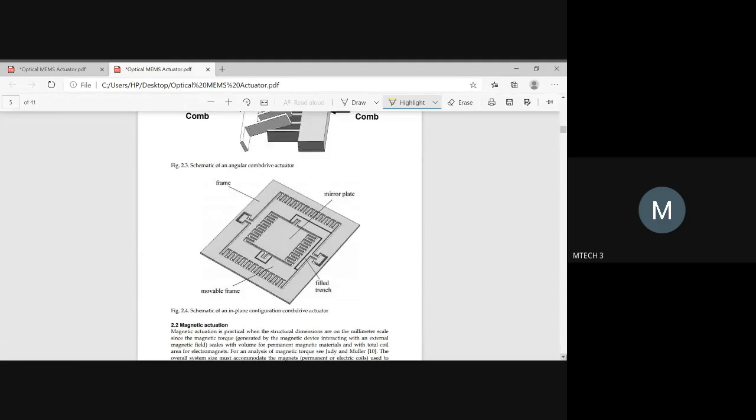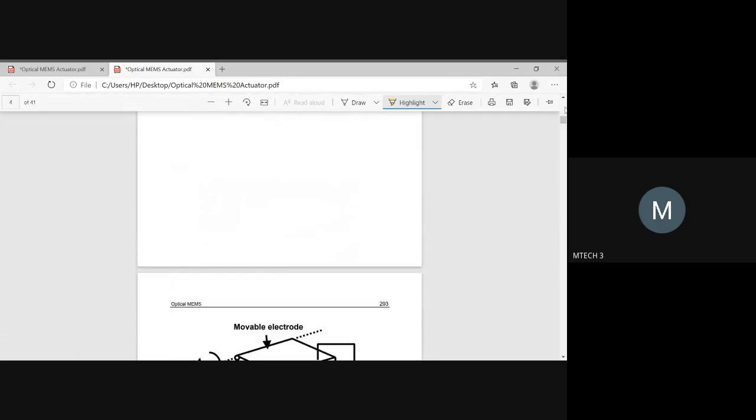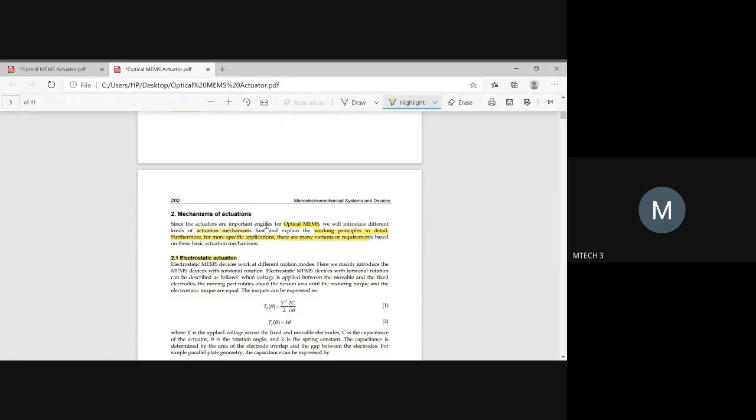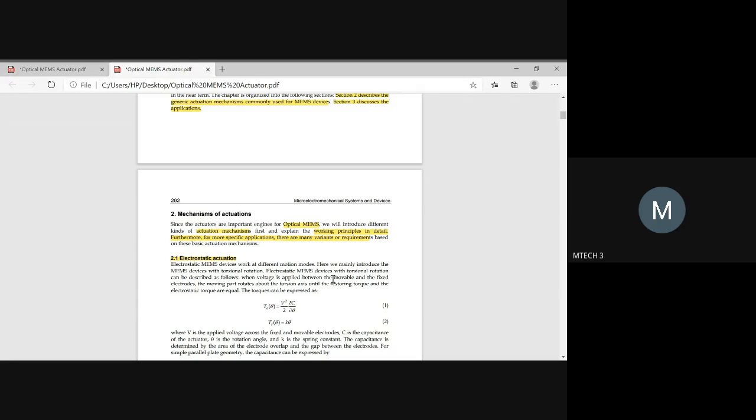I am not going very much in depth with respect to equations and all. You should just know in general. Under this mechanism of actuation, the first one is electrostatic actuation. In electrostatic actuation, they have used some torque equations.